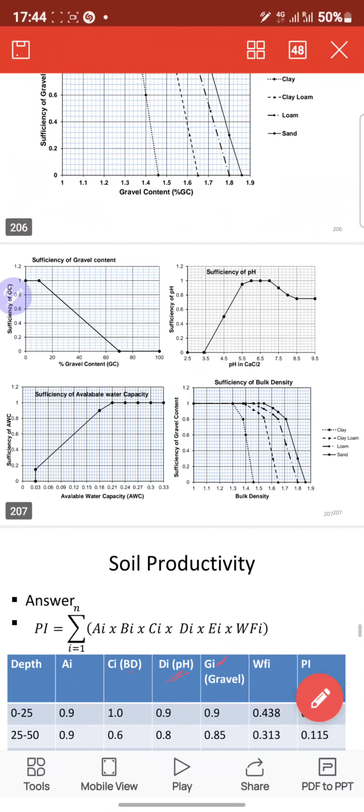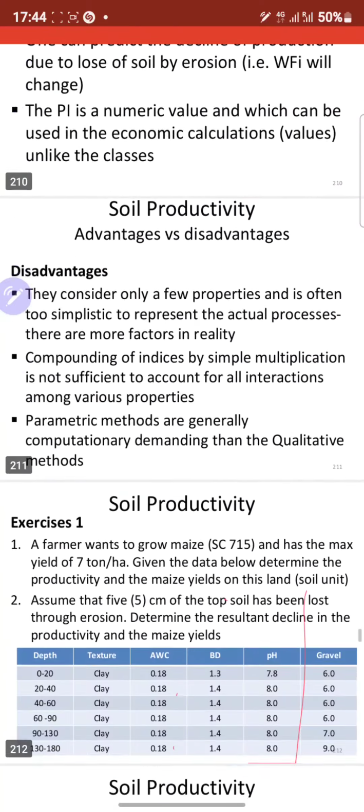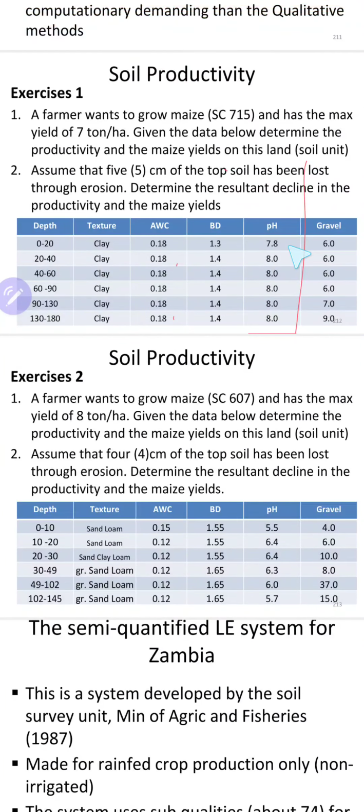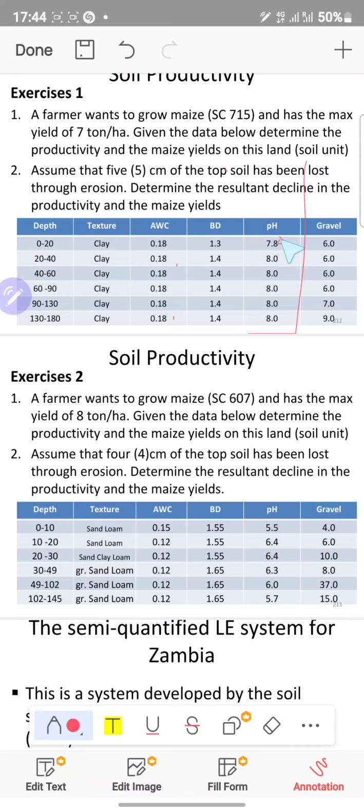So 7.8 is here, and this value looks like it is in between, so it looks like this is 0.9, and 8 should be in between here, which is 0.8. So you put your figures, 0.9 here, 0.9, and then the rest 0.8. Yes, if I read correctly.